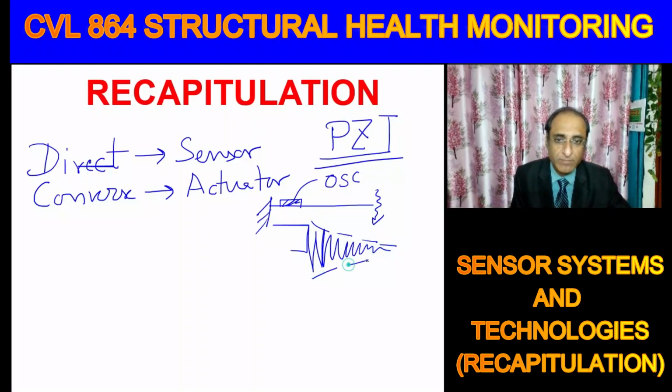So this is the sensor effect: when strain happens at the location of the piezo patch, it is converted into a voltage response. What is the relationship between the two? In general we have two equations. Let's recapitulate the equations, starting with the converse effect equation.